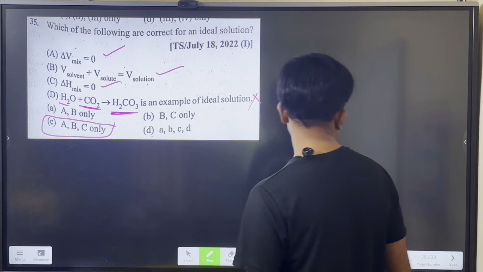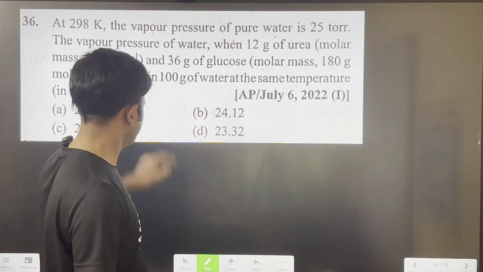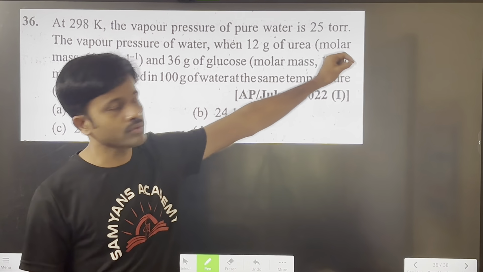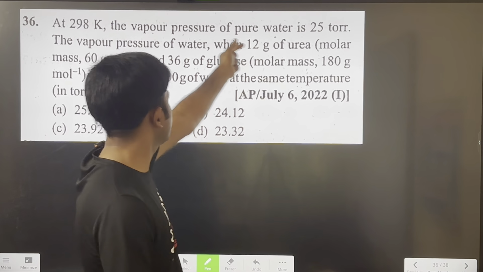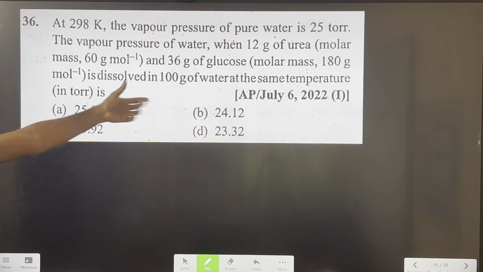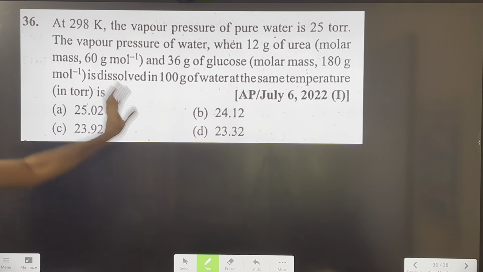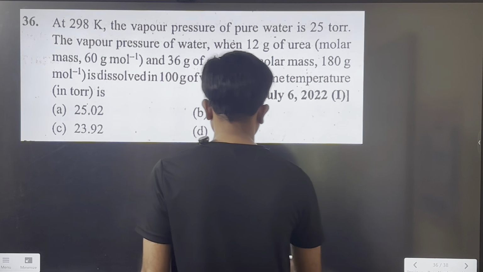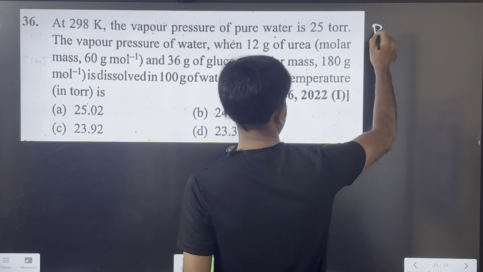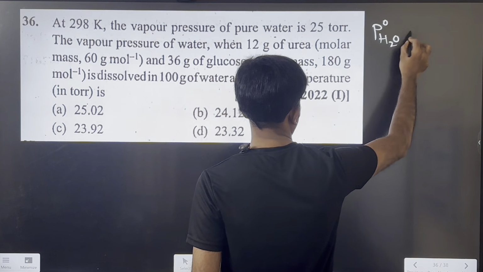At 298 Kelvin, the vapor pressure of pure water is 25 torr. The vapor pressure of water when 12 grams of urea and 36 grams of glucose is dissolved in 100 grams of water at the same temperature, in torr, is, right? The vapor pressure of pure water is given as 25 torr.